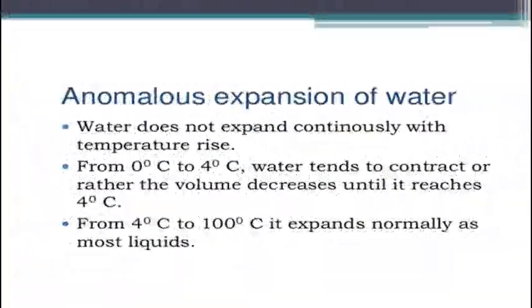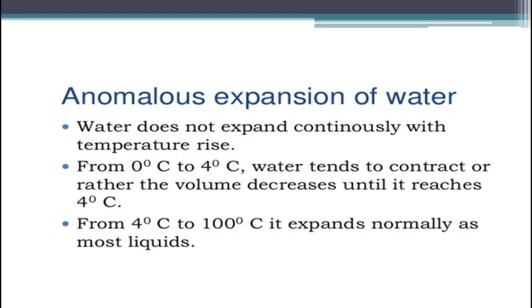Now, the anomalous expansion of water. Water does not expand continuously with temperature rise. From 0 degrees Celsius to 4 degrees Celsius, water tends to contract, or rather its volume decreases. That means instead of expanding, it contracts between 0 and 4 degrees Celsius, until it reaches 4 degrees Celsius.